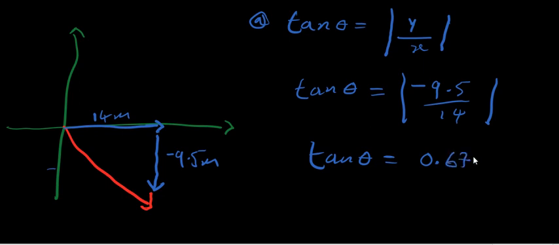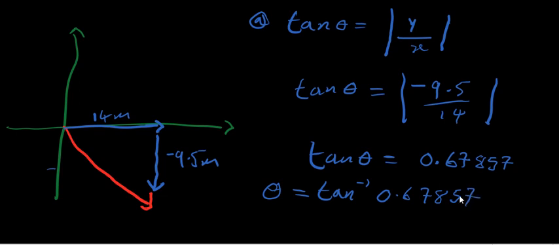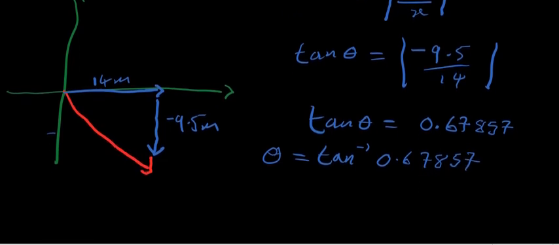So we are simply having tan theta equal to 0.67857. From here, if you work that out, theta is equal to the inverse tangent of what we have found there, which is 0.67857. So what are we having now?